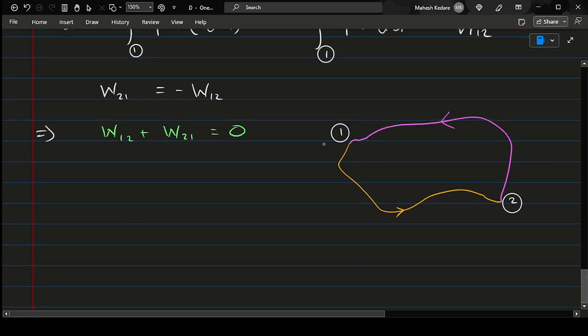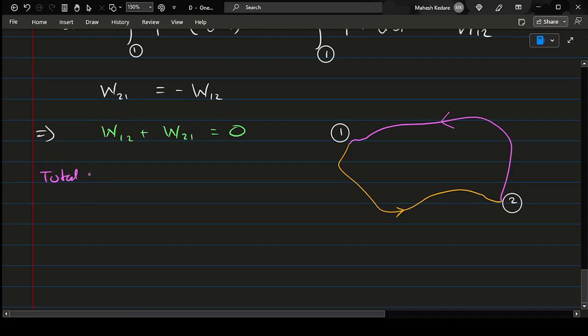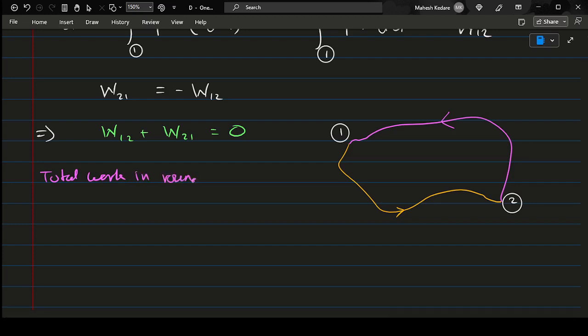What will be the total work done in this round trip journey? The total work done in the round trip between the two positions, I write total work in round trip.